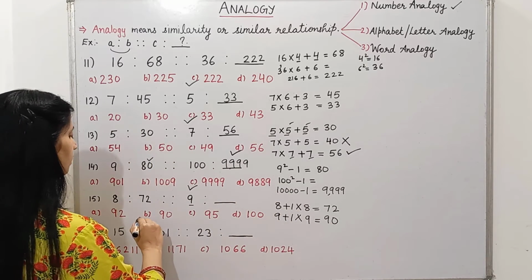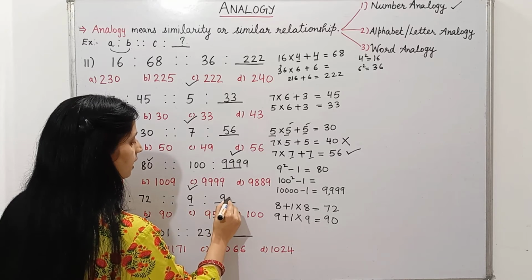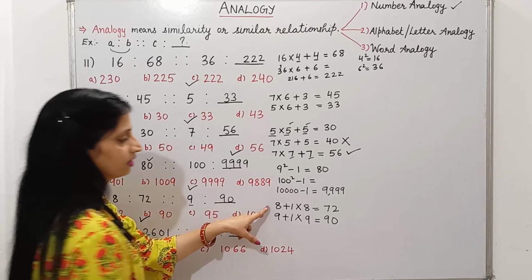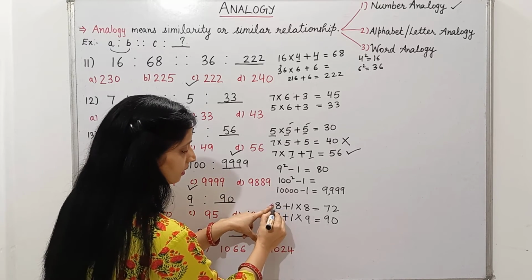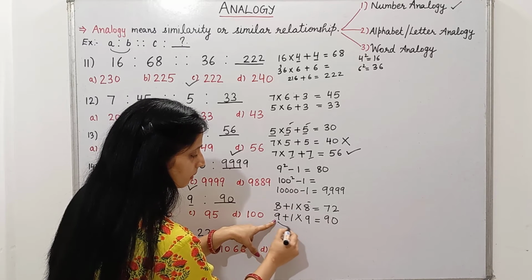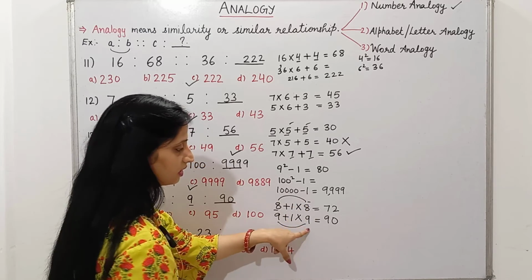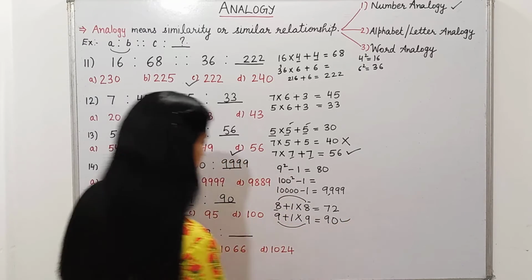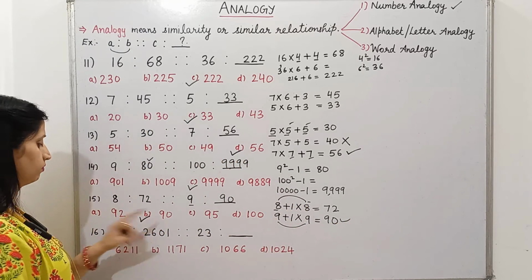So the answer will be 90 here. We will write 90. Okay. Because we multiply 8 by the same number plus 1, similarly we add 1 and multiply by the same number. Then we get 90. So it will be our correct option.